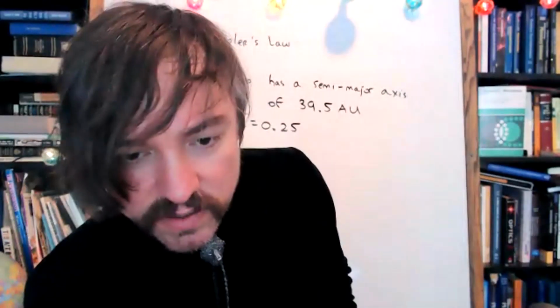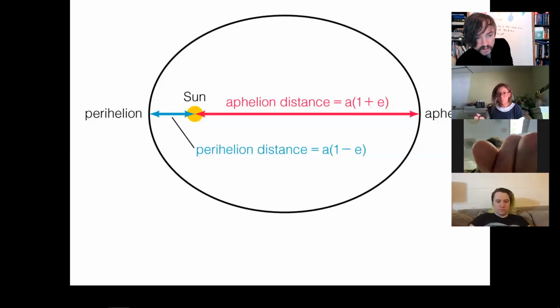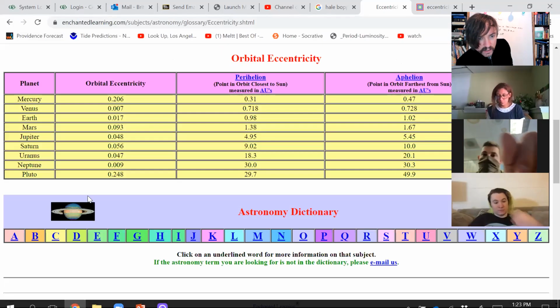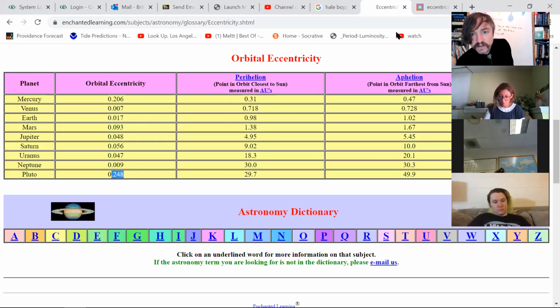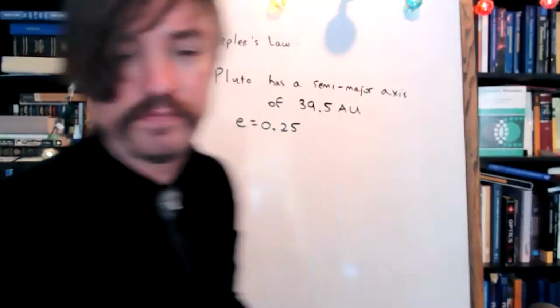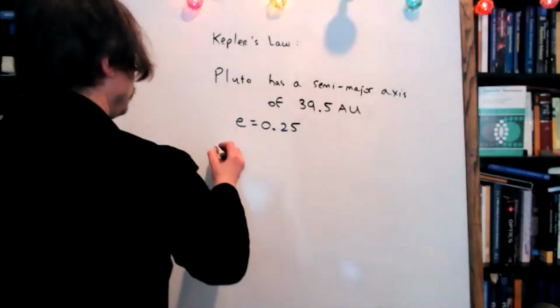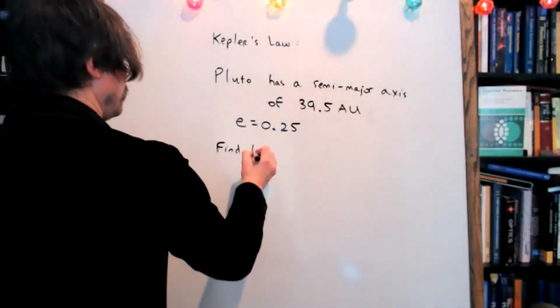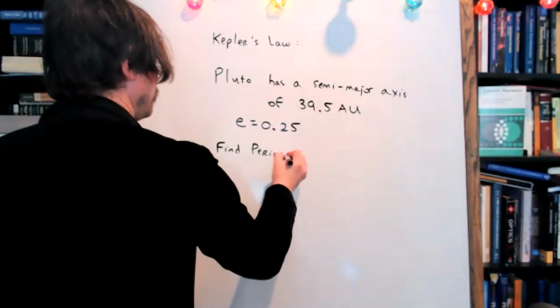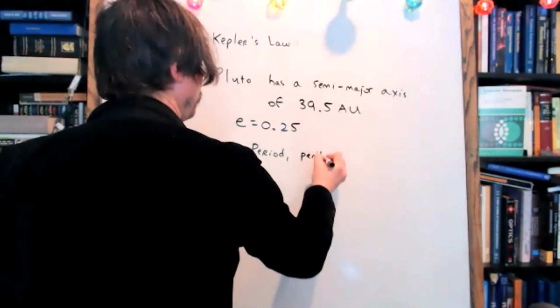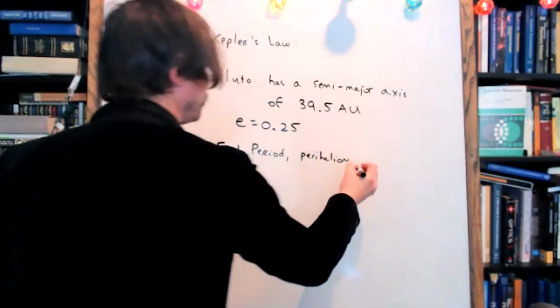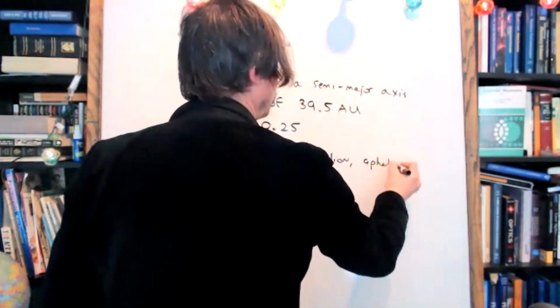Did I do that right? Where was that? Yeah, 25%. Good on me. I want us to find the period, find the perihelion, and find the aphelion distances.